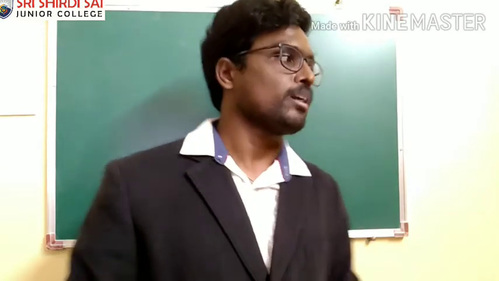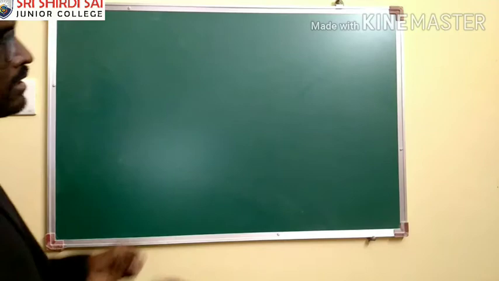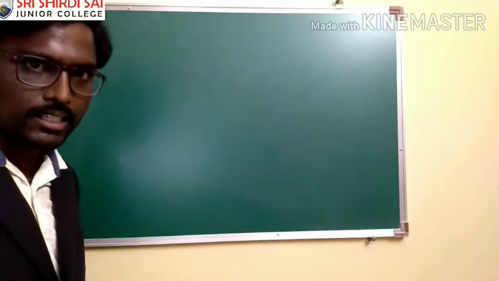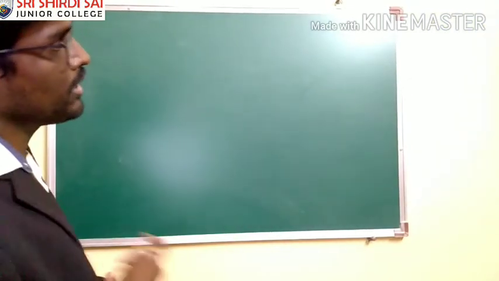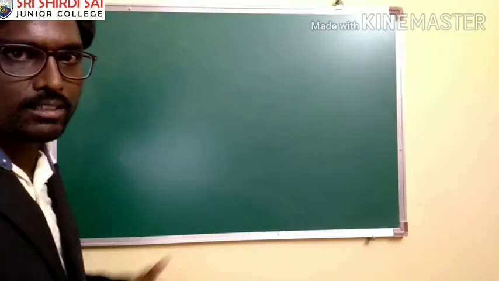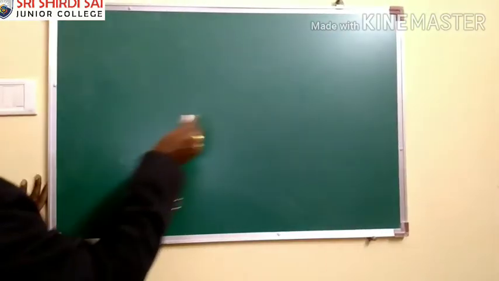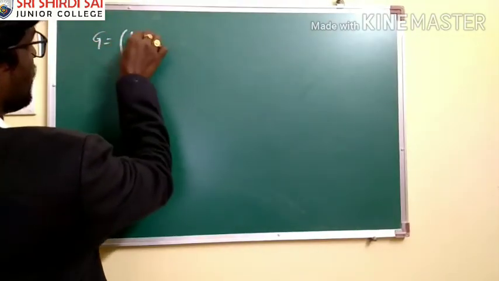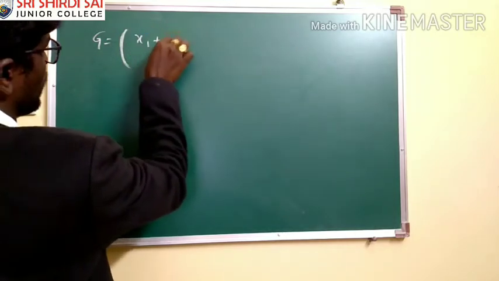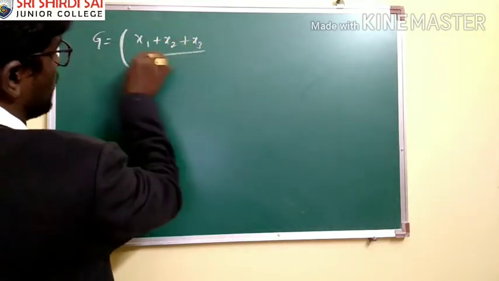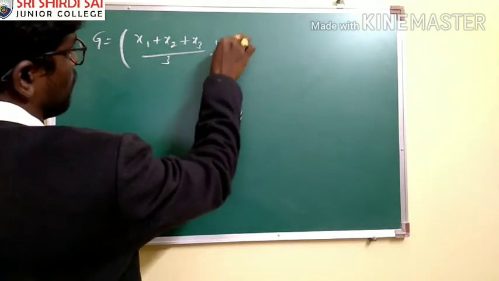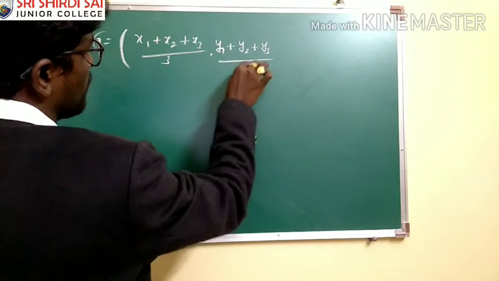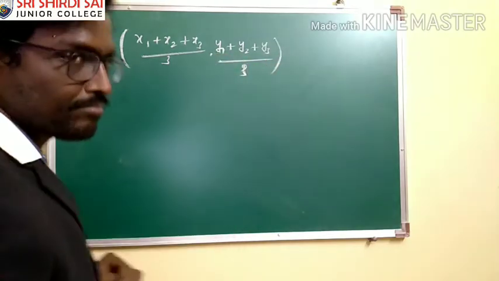Before going to the orthocenter, let me give you a brief recall again about the centroid, incenter, and circumcenter, because it is a very important area. We have to keep on revising more number of times. What is the centroid for the given three coordinates of the triangle? Centroid G is equal to the sum of the x coordinates, that is (x1 plus x2 plus x3) by 3. Similarly, the y coordinate is (y1 plus y2 plus y3) by 3.